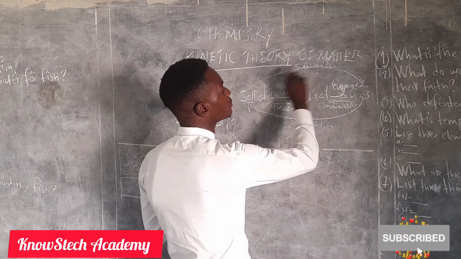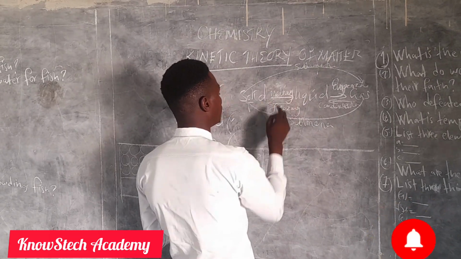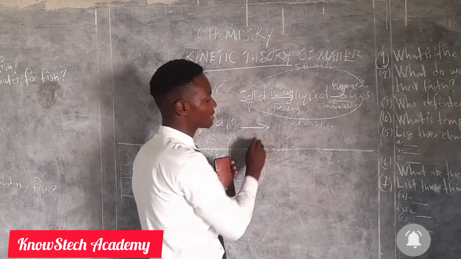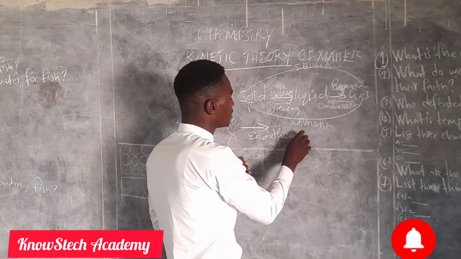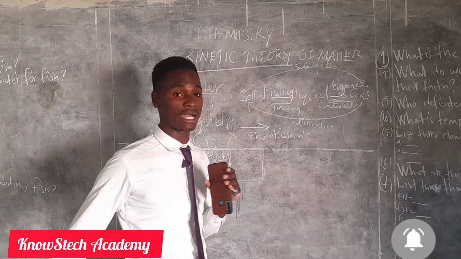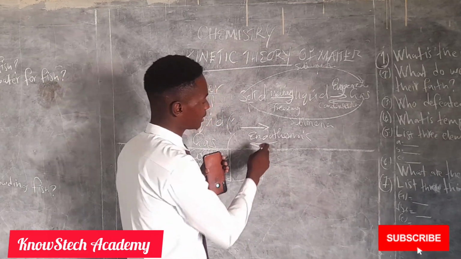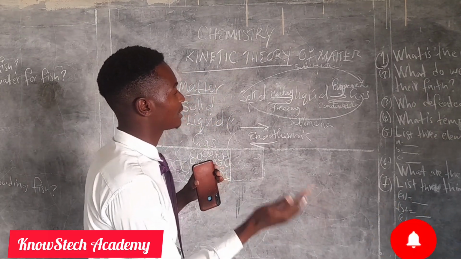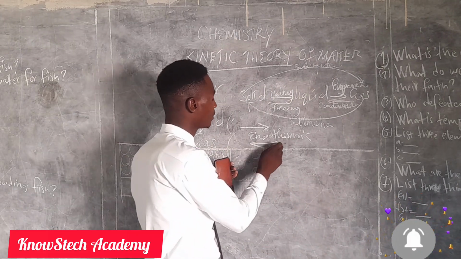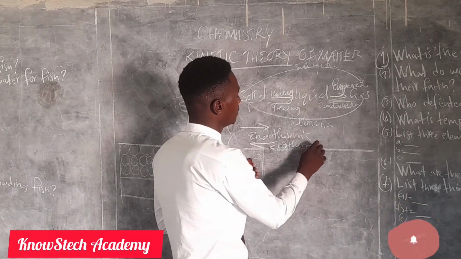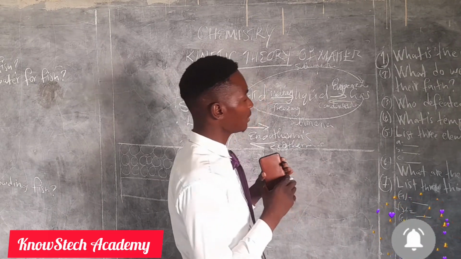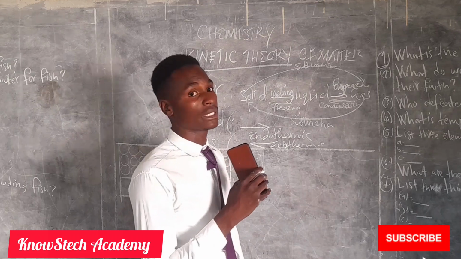So solid to gas is also endothermic. So going this side is the endothermic reaction. Then going backward from the right to left is the exothermic reaction. All right, I think that's all.